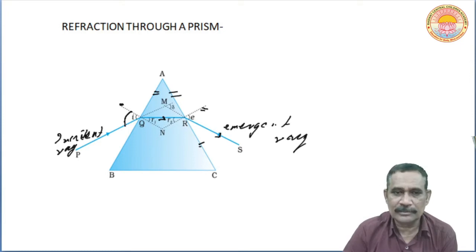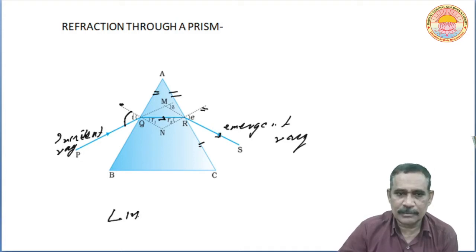So angle MQR equals I minus R1. Here angle MQR equals I, because these angles are vertically opposite angles.